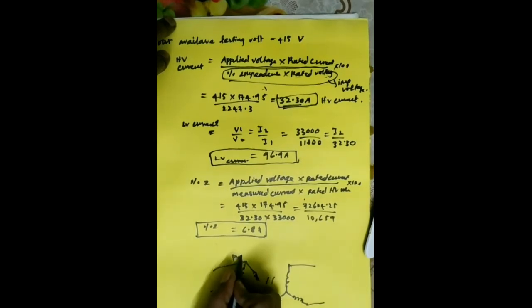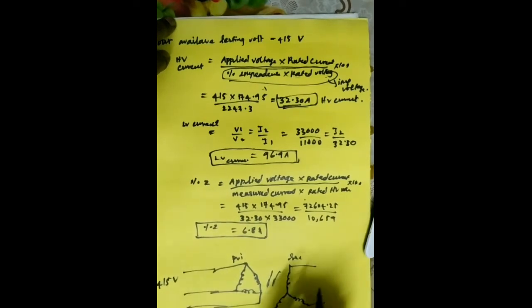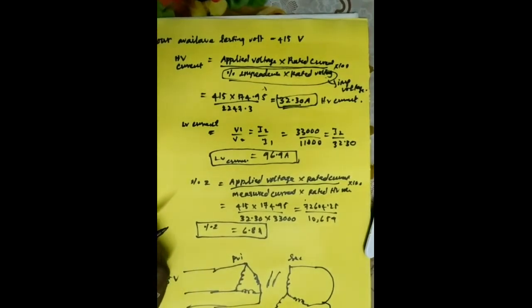Here this is the primary and this is the secondary winding of the transformer. We are going to apply 415 volts in the primary, and we are going to short the secondary side, keeping the transformer secondary winding shorted.